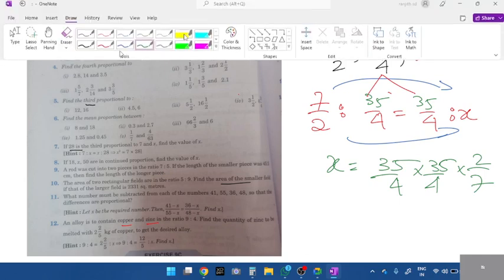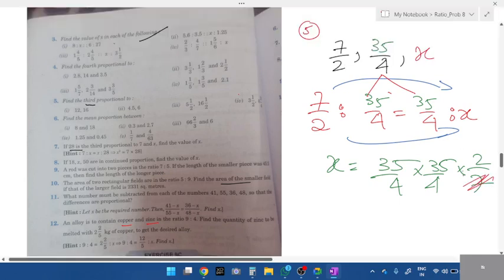Reduce it. 7 ones are 7. 5 twos are... 2 ones are 2. You can't reduce like this. Can you reduce it like this? No, that is not possible. Next. Tell me the next one. 4 2s are 8, students. 35 into 5. Okay, I'll write. 25. 3 5s are 15. 175 by 8. What's the answer in the textbook? Is it a mixed fraction?